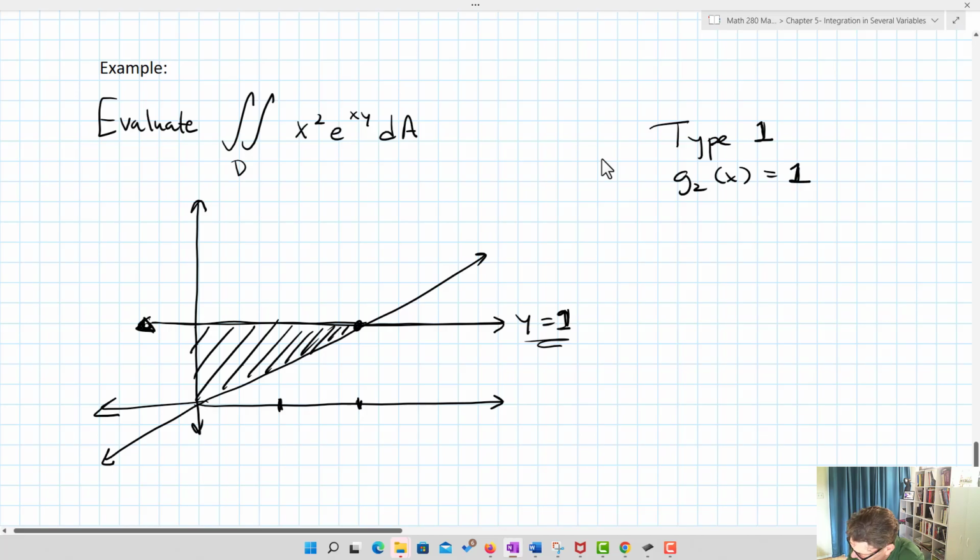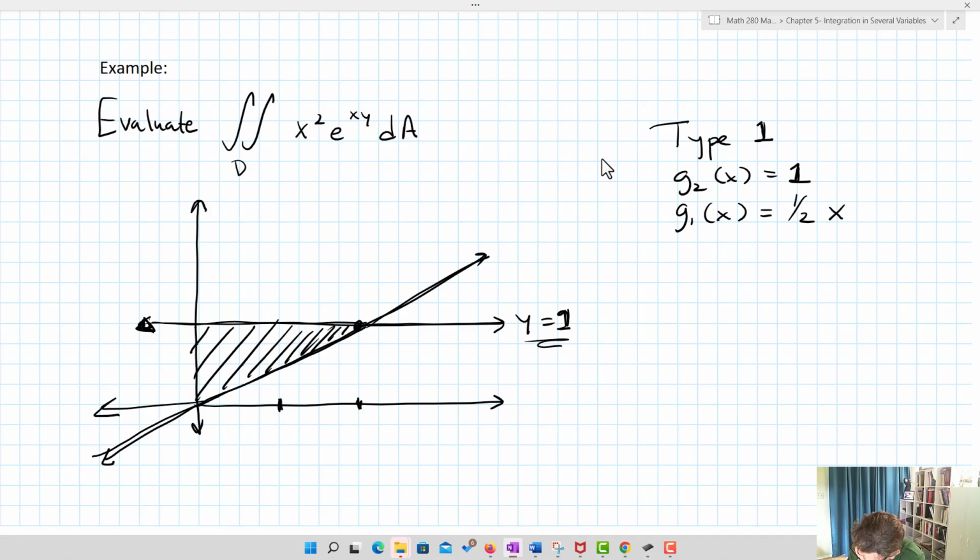So g2 of x equals 1, because that's the one furthest from the x-axis. And then our bottom one, our g1 of x, is going to equal 1/2 x. So that's that line here, y equals 1/2 x. And that's if we want to do a type 1.